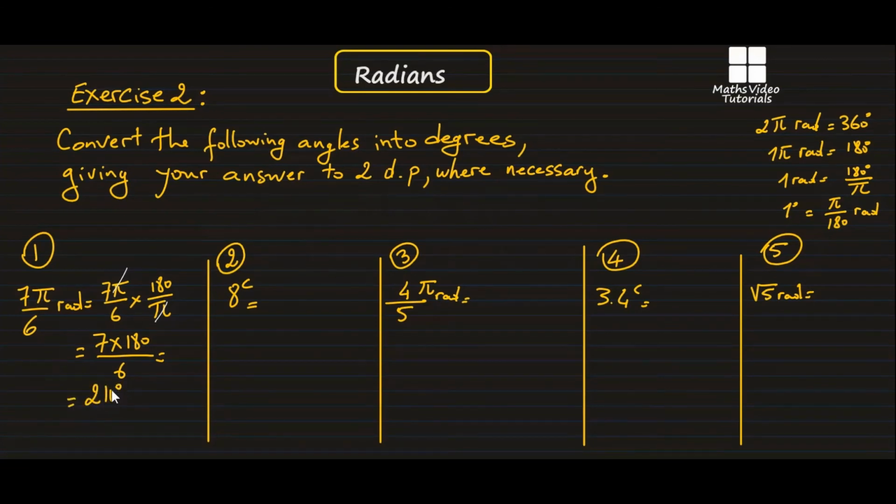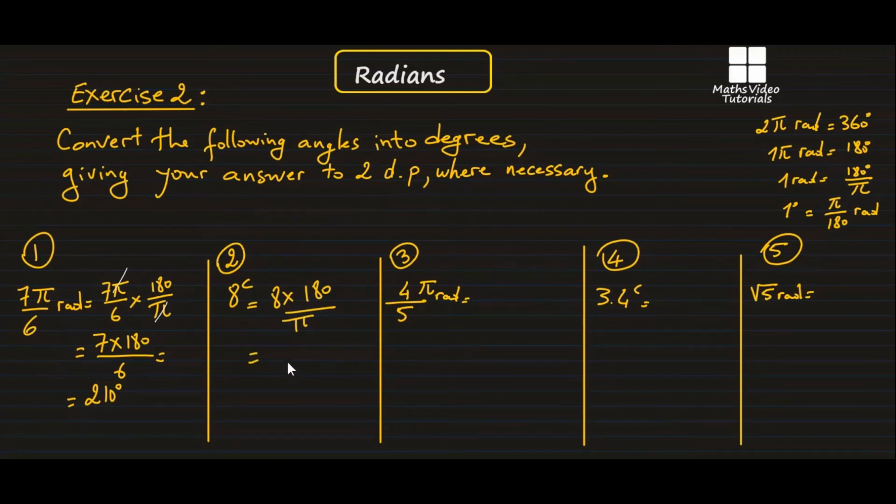Plug this in a calculator and you get 210 degrees. So at this stage you can pause the video, answer questions 2, 3, 4, 5 and come back to check your answers against mine. For myself, I will continue with the video. So let's do that. 8 radians into degrees multiplied by 180 over pi.